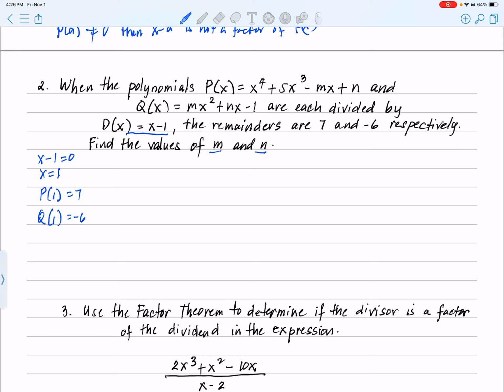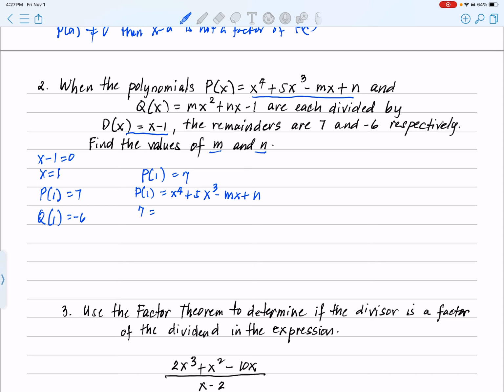Okay, I'm going to start with P of 1, which is 7. So if we replace that in this polynomial, I would say P of 1 equals x to the 4th plus 5x to the 3rd minus mx plus n. So P of 1 is 7.